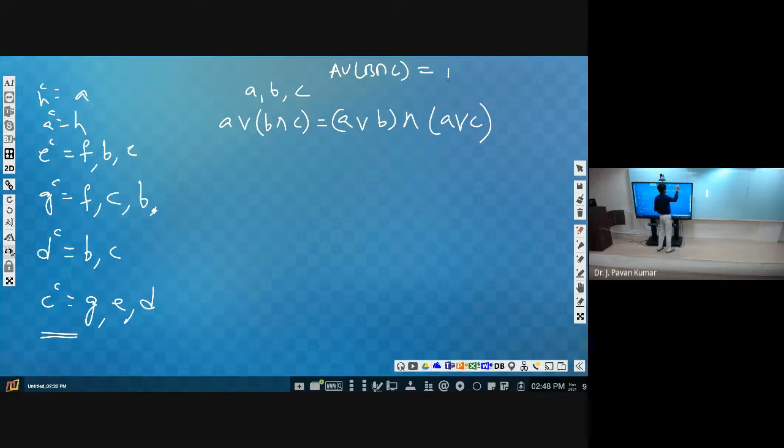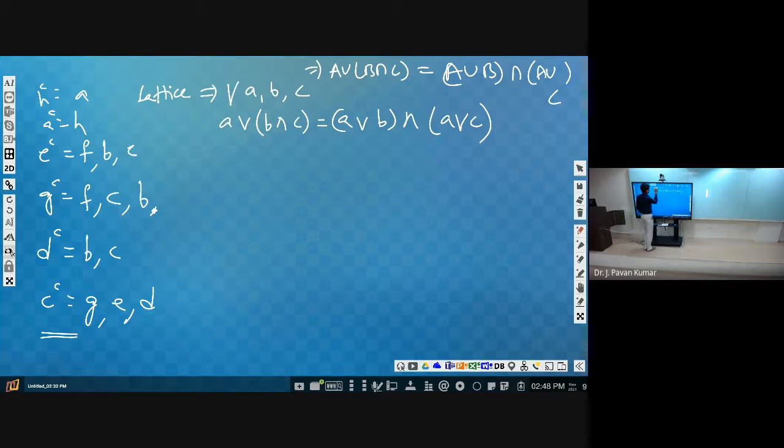A union B intersection C is nothing but A union B intersection A union C. This is called the distributive law.